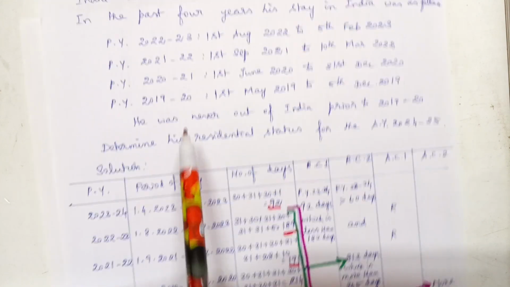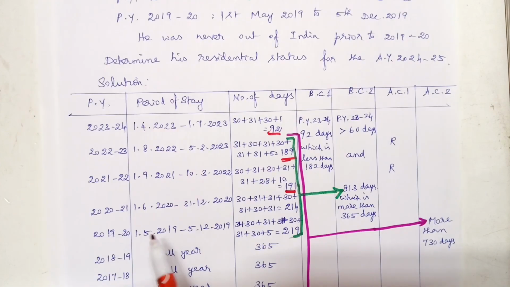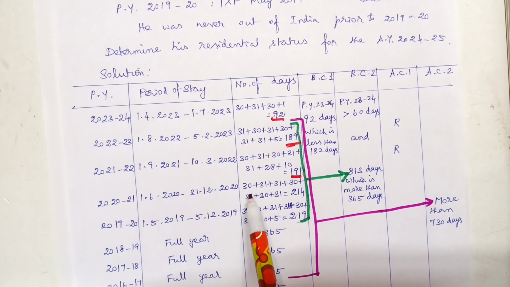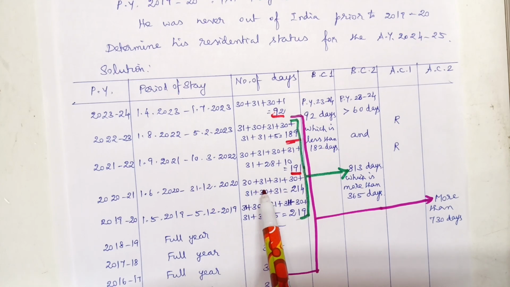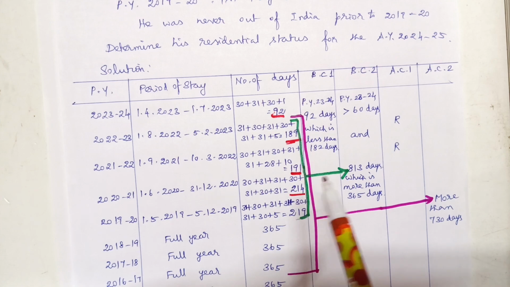And 2020 to 21, 1st June 2020 to 31st December 2020. Number of days: June 30 days, July 31, August 31, September 30, October 31, November 30, then December 31 days, totally 214 days.